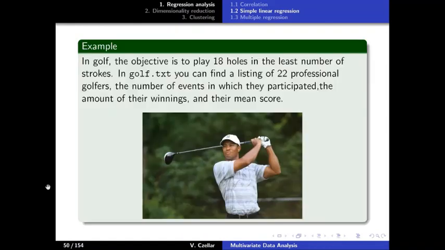Now, enough talking about dramatic effects. Let's relax a little bit and take an example from golf. I don't know much about golf, but what I understood is that you need to play 18 holes in the least number of strokes. In this data set, which is posted on the course website, let's open this data set.